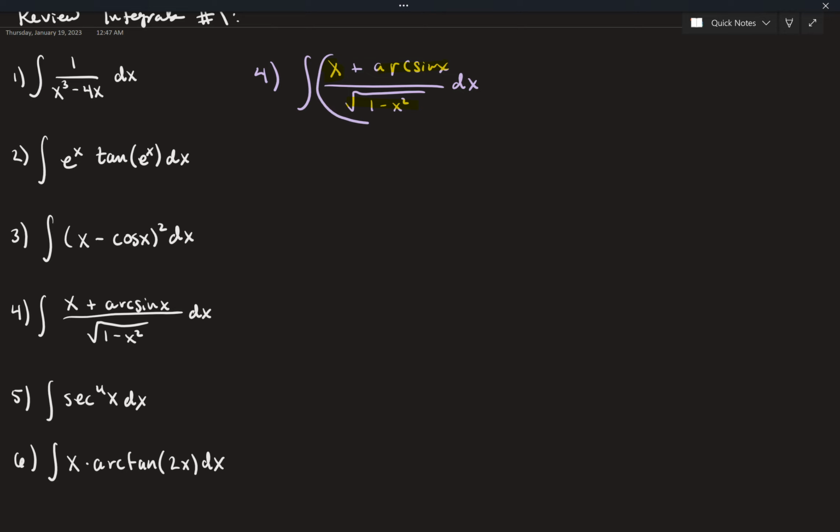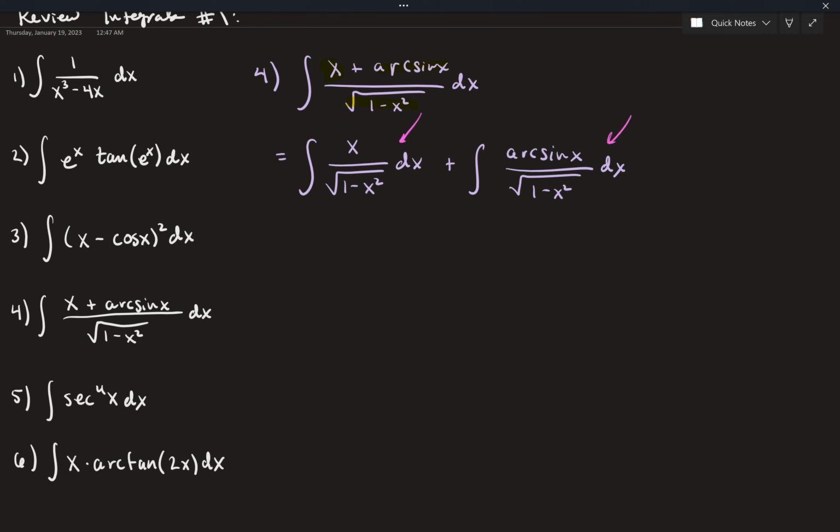I do notice, though, that the two integrals, if I split the fraction, become doable. This one is just a u sub, and this one looks like, well, actually another u sub.